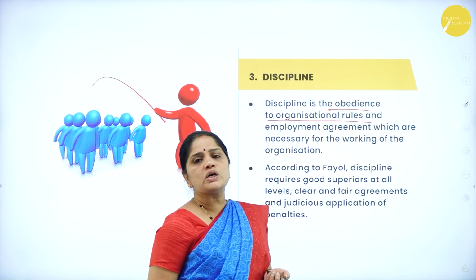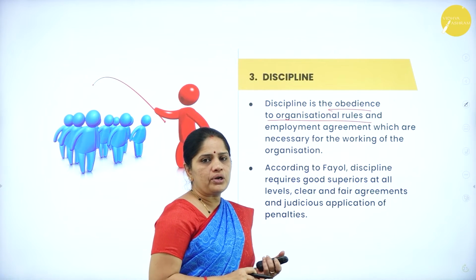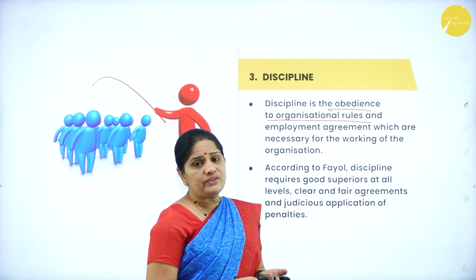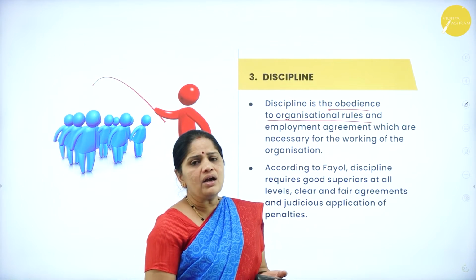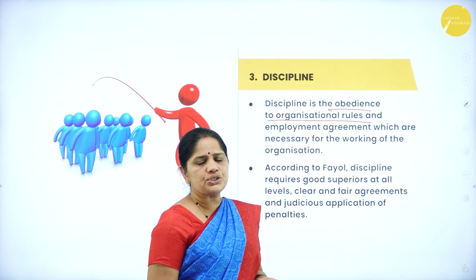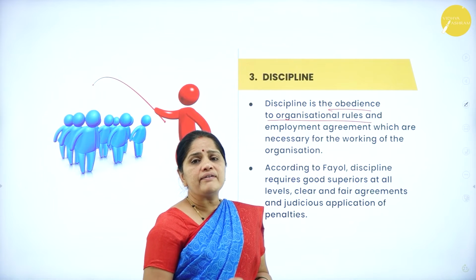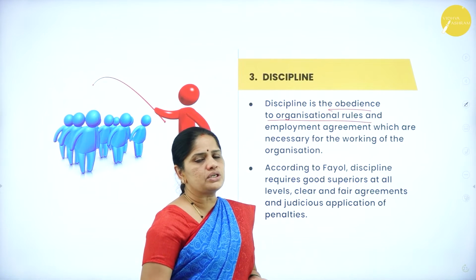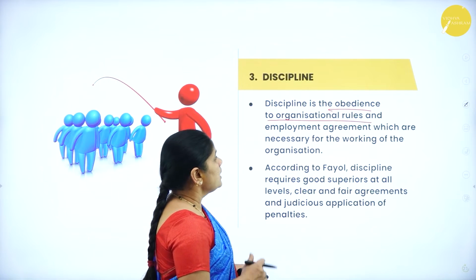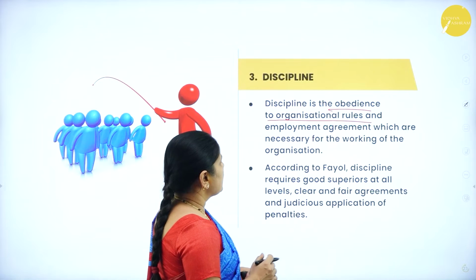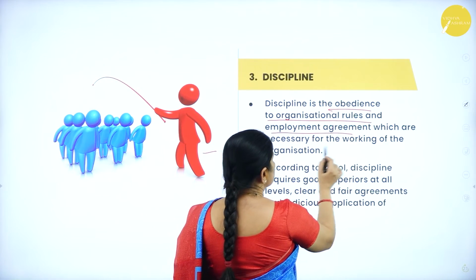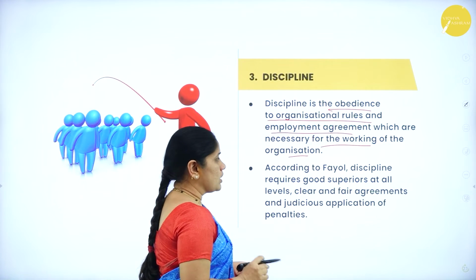Whatever the rules of the organization are, it may be following the timings of the organization, coming on time and going on time, following a dress code, and all the various other rules and regulations in the organization, they have to be followed by every employee. Only then can we have proper order in the organization. So it is obedience to the organizational rules and employment agreements which are necessary for the working of the organization.